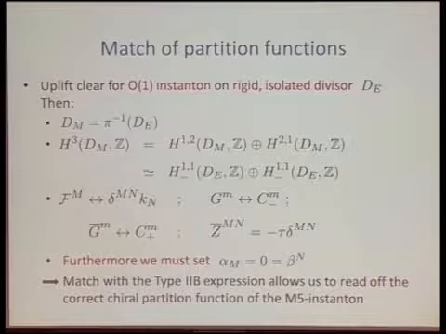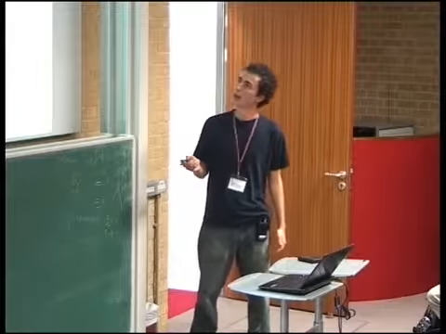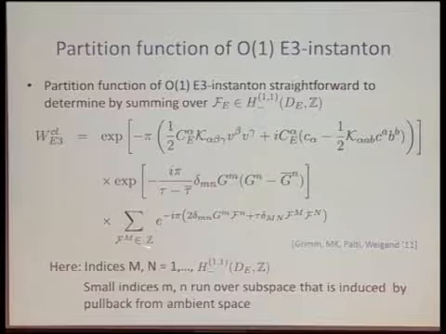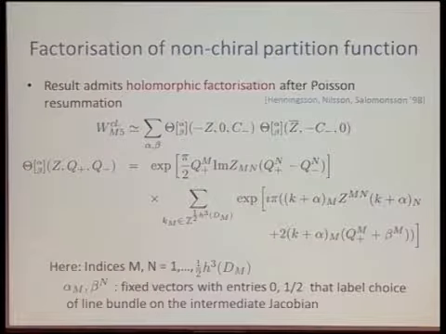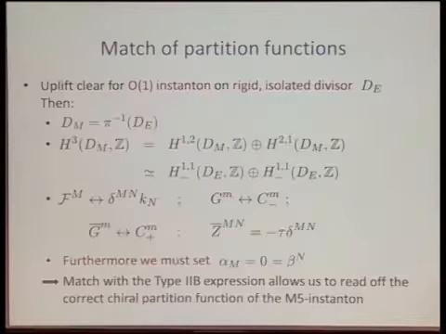Then the cohomology groups of the divisors are related in a very simple way, namely the third cohomology group of the divisor on the M-theory or F-theory side is simply twice H11 minus. So in other words, the vectors that are summed over in these two expressions, on the M-theory side and on the type 2b side, are vectors of the same dimension.